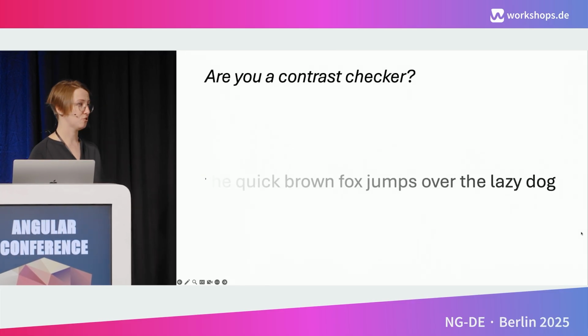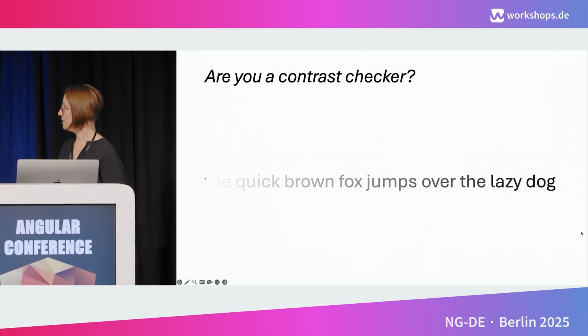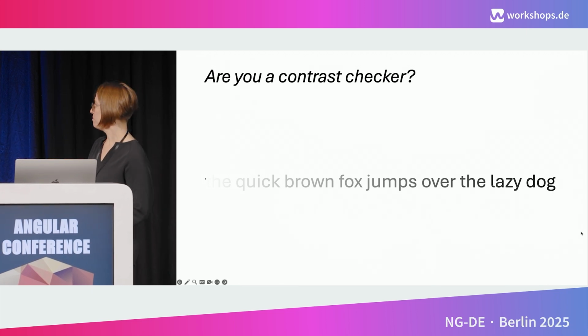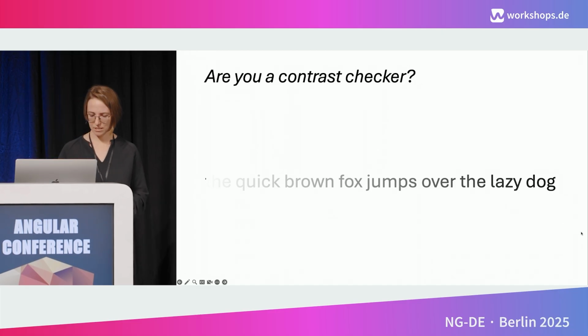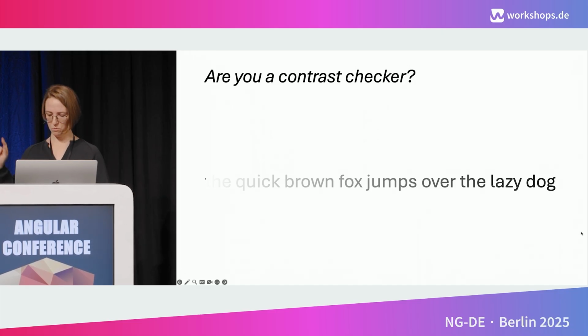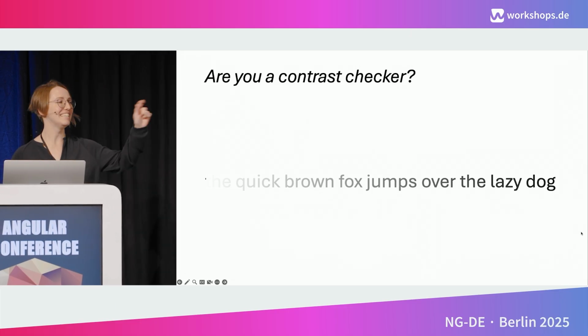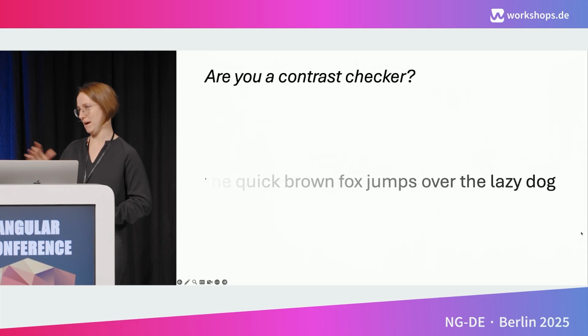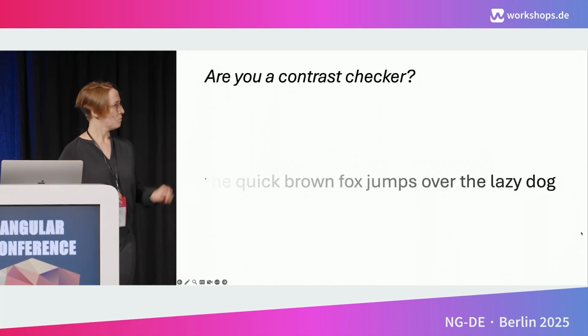By the way, do not trust your own eyes, and I want to prove this with a small exercise. On the slide you see a sentence, the quick brown fox jumps over the lazy dog. On the left side, it's 1 to 1, so white on white. On the right side, it's 21 to 1. The maximum contrast is black on white. What do you think, what letter is 4.5 to 1?